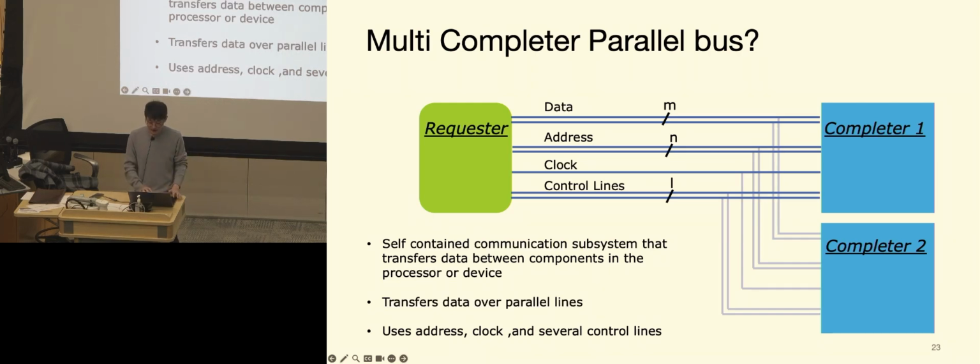They also contain, for example, the read and write pins, so the completer is able to know whether this operation is asking it to do a read or write to a specific memory address.